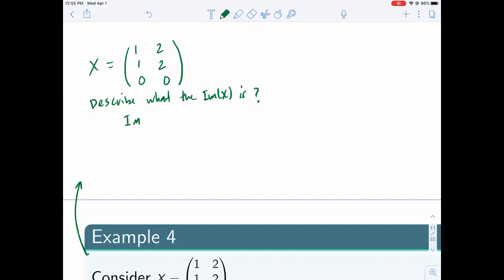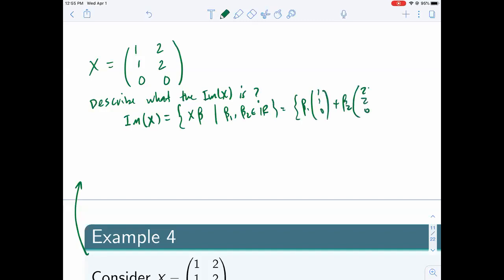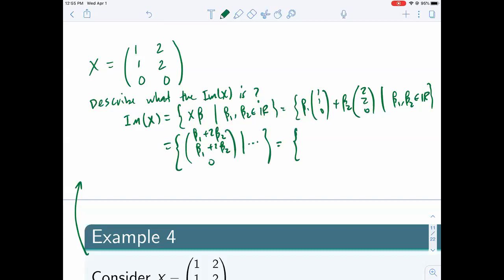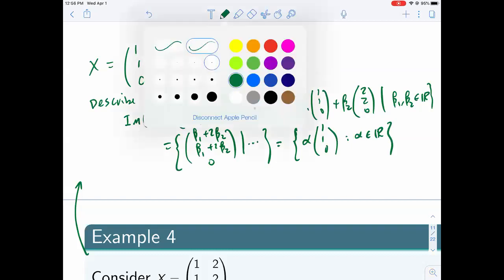So you could say the image of X is X beta, where beta 1 and beta 2 are in R. This is beta 1 times (1, 1, 0) plus beta 2 times (2, 2, 0), which is (beta 1 plus 2 beta 2) times (1, 1, 0), which is alpha times (1, 1, 0), alpha in R. So this is the set of all vectors in the direction of (1, 1, 0). It's a line in the XY plane.